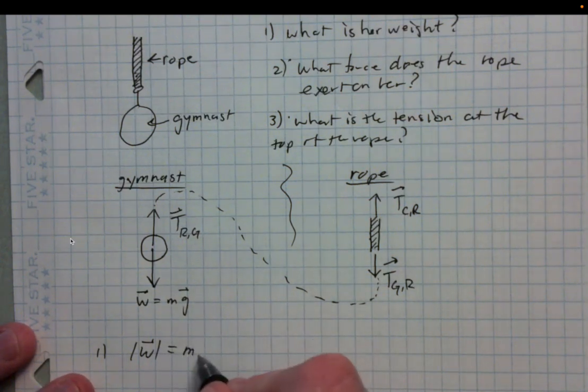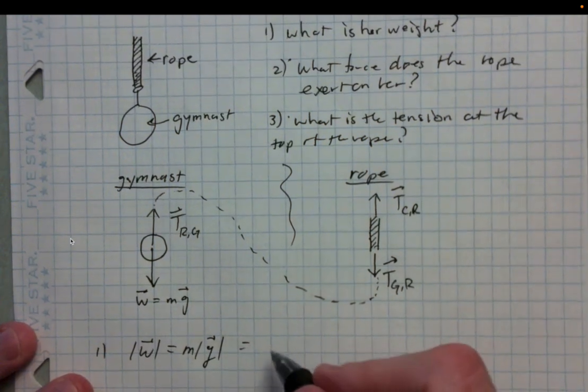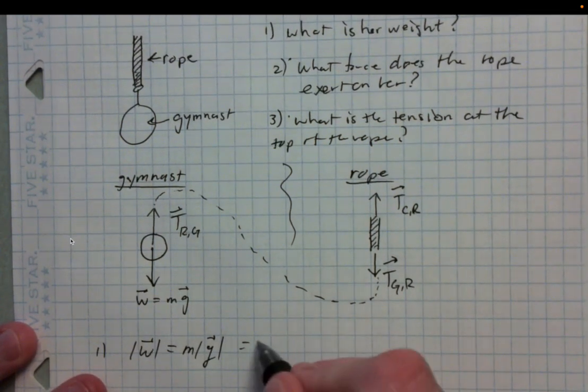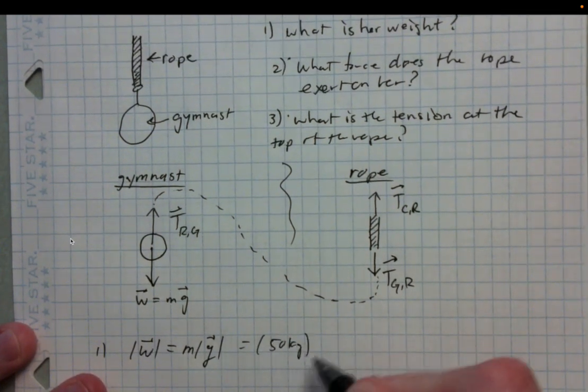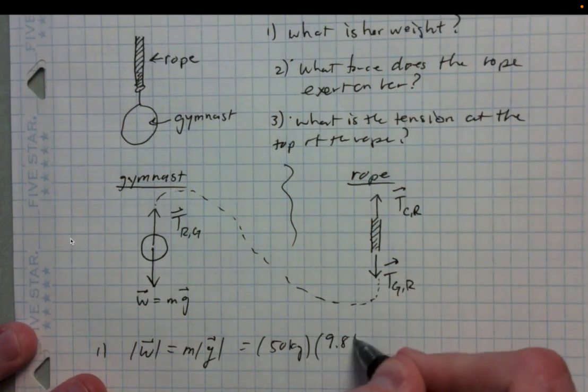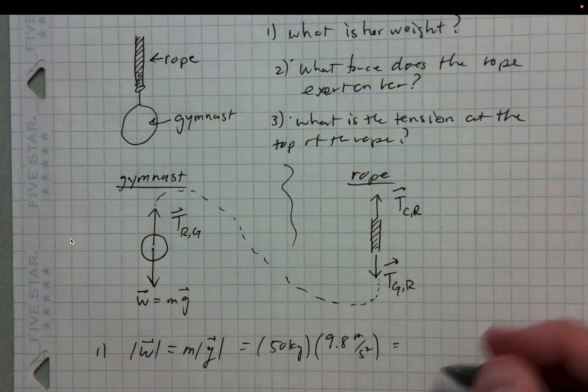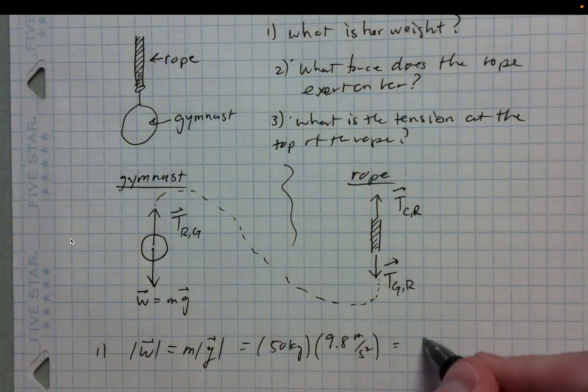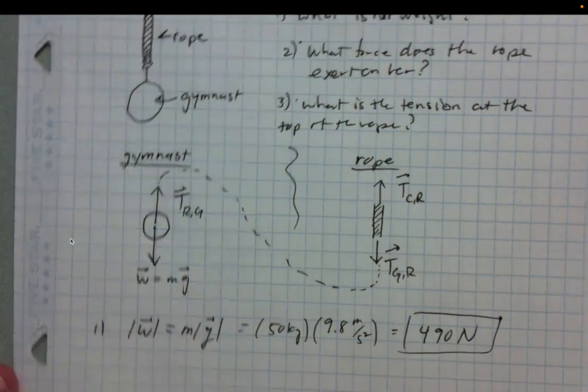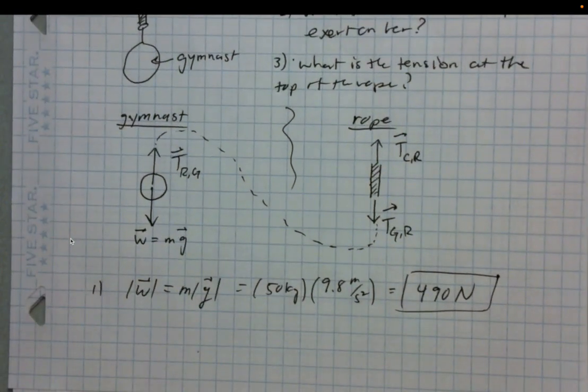So you've got the mass of the gymnast times gravitational acceleration, and so that is 50 kilograms times 9.8 meters per second squared, and so 980 divided by 2, so 490 newtons. All right, so that's the weight of the gymnast. Okay, so that's the first question.